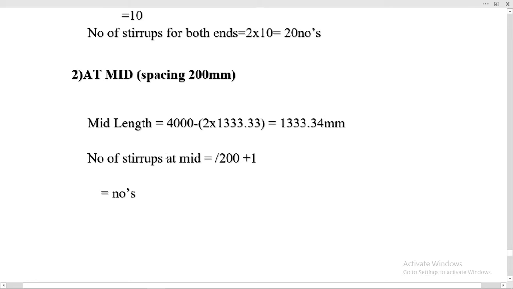So we calculate the number of stirrups required at the mid span of the column. 1333.34 divided by 200 plus 1.